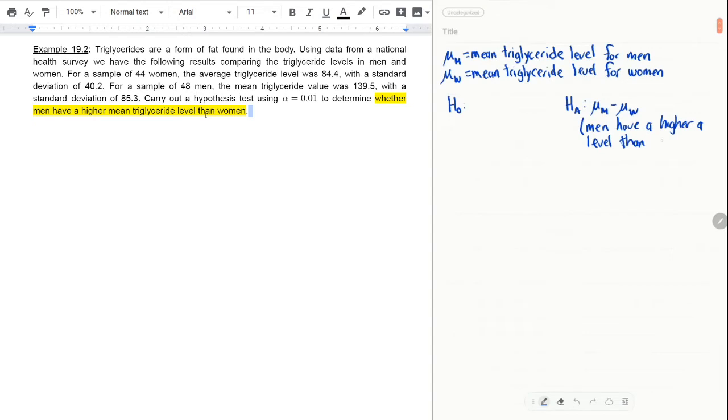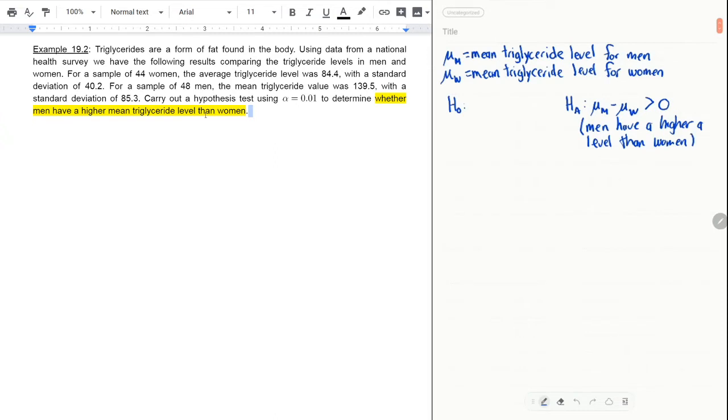then mu sub m is going to be larger than mu sub w. Okay, so the average for men should be higher than women. If I were to look at the difference between mu sub m minus mu sub w, all right, now because mu sub m is going to be larger than mu sub w, then their difference should be a positive number. Okay, so mu sub m minus mu sub w should be greater than 0.